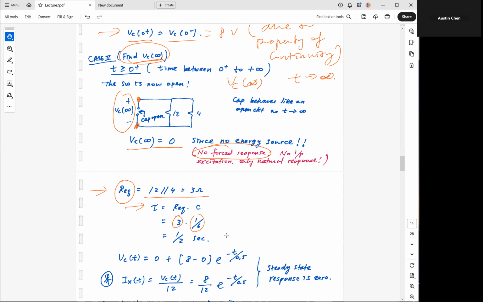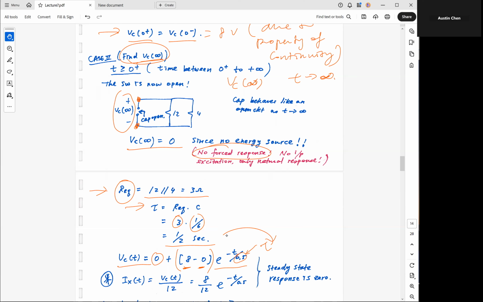So VC of t is equal to the final value, remember, the final value plus the initial minus the final inside the bracket, multiplied by the exponential function. And in the exponential function, you have this tau down here, and tau, as we calculated before, is half a second. So the final plus the initial minus the final.